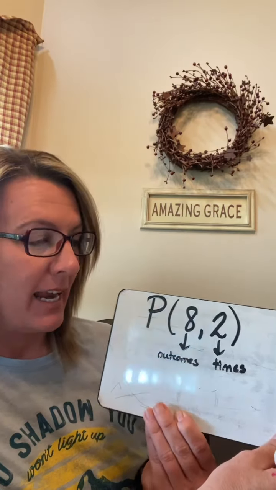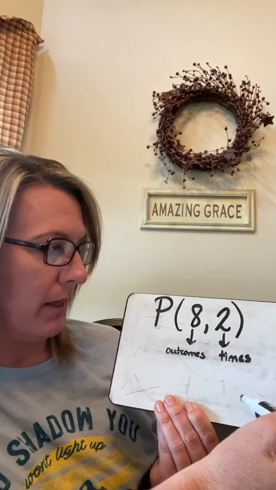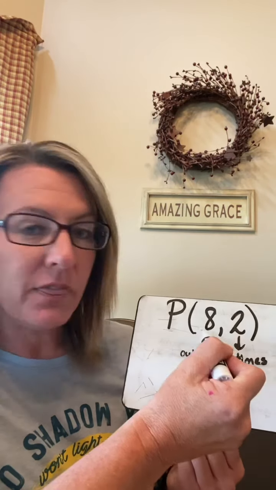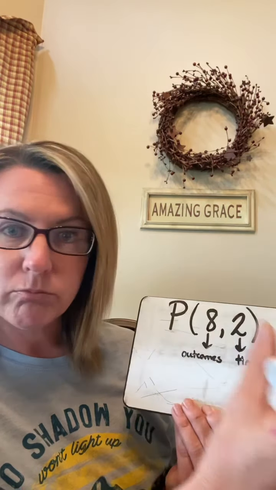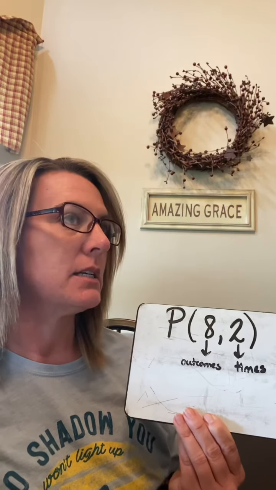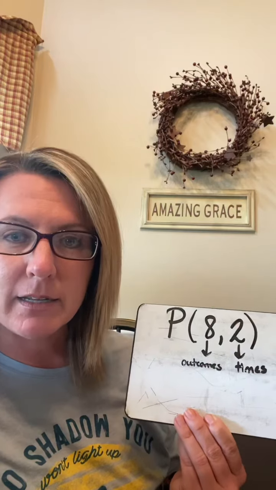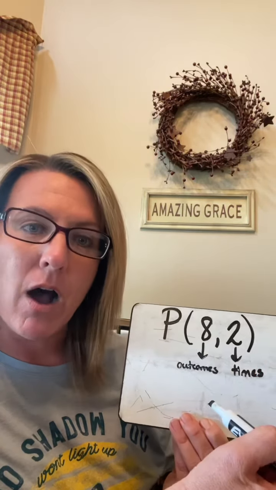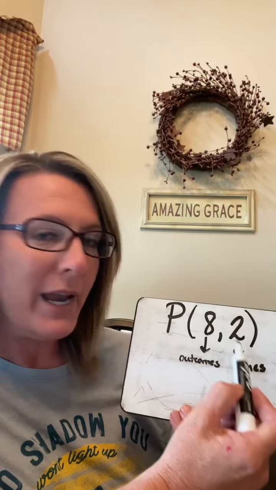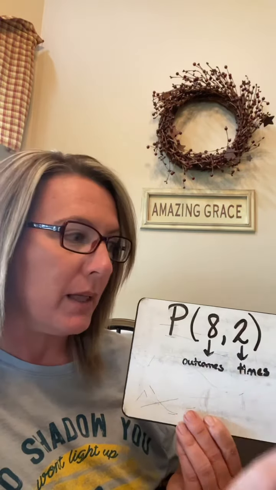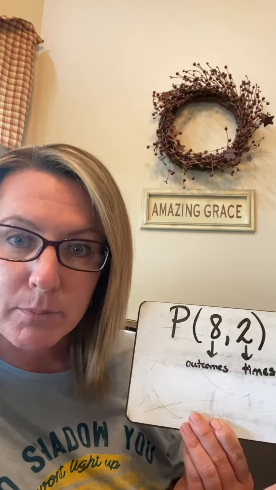What this is asking us is, what is the probability if we have 8 things in our situation, so 8 people, 8 different sandwich meats, 8 different shirts, whatever it may be. So 8 different outcomes. And if we choose from those 2 different times, how many different outcomes could there possibly be?